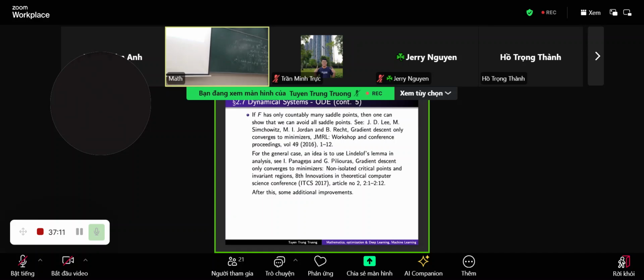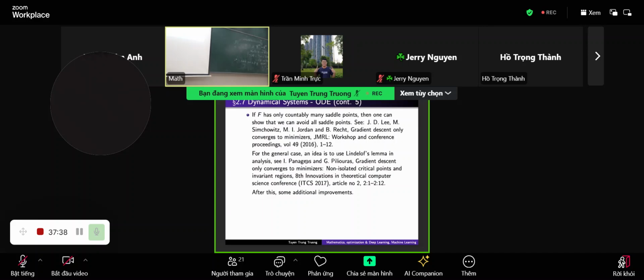And then after that, there are some additional improvements where people prove that, in a paper, for most first order methods, you can avoid the starting points. If you want to be precise, you can look at these things. But like I said before, gradient descent doesn't have guaranteed global convergence.